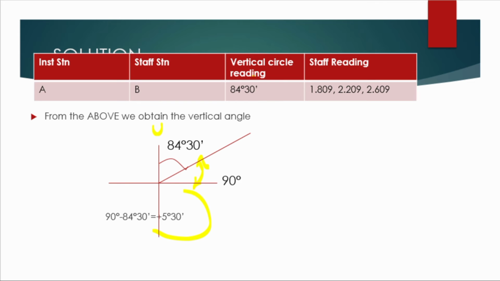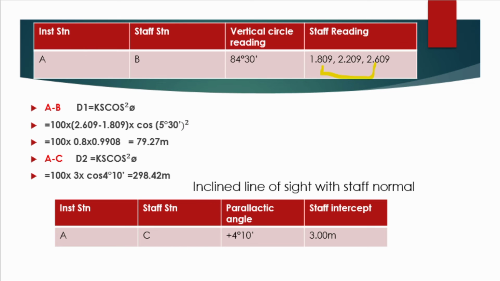The vertical angle obtained here is what we are using. By doing that, you'll find your final answer as 79.27 meters. Again, here we have the second part, where we have an inclined line of sight which is normal to the staff, so it's not held vertically.